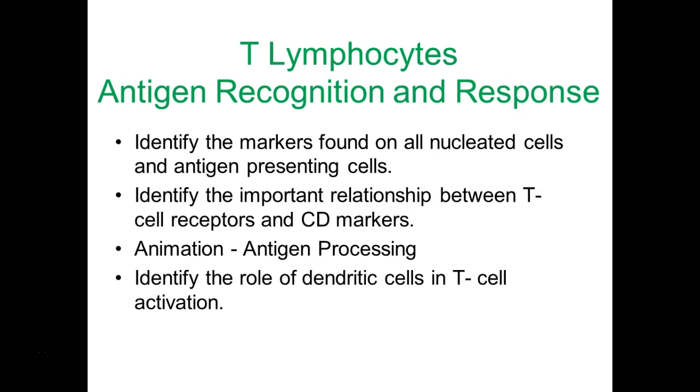So who else can gobble up antigens? Macrophages. And then a B cell has to take in the antigen, and it also has to present it if it needs help from the helper T cell. So your antigen presenting cells are your macrophages, your dendritic cells, and your B cells.